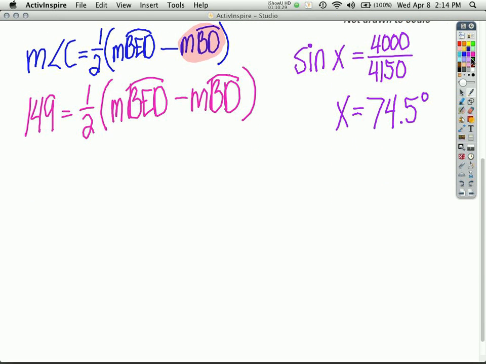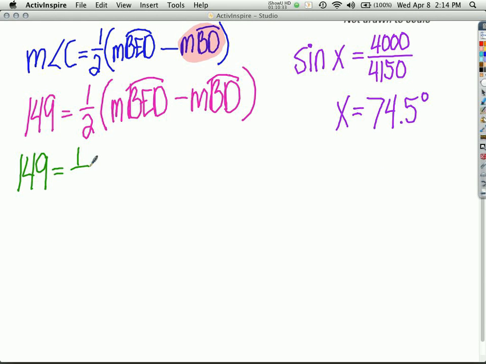This is going to be 149 equals 1/2 times, now measure of arc BED is actually going to be 360 minus X. And then we're going to subtract from it the measure of arc BD, which is X.